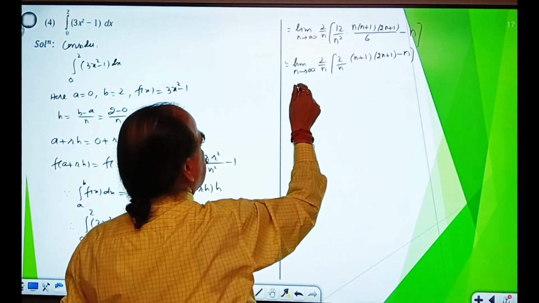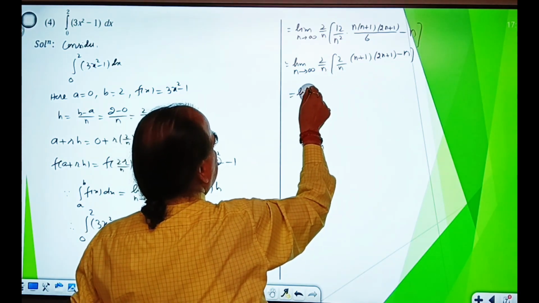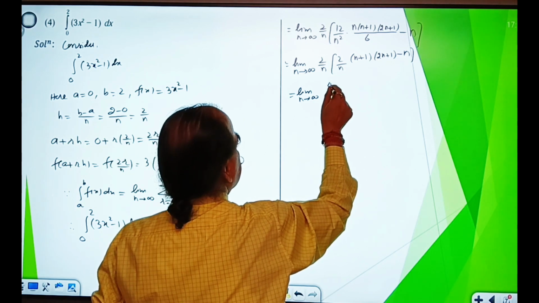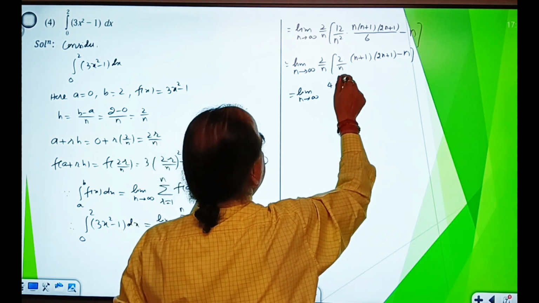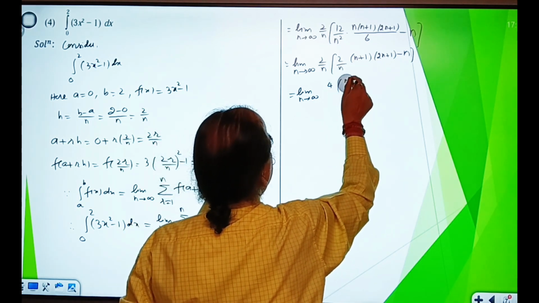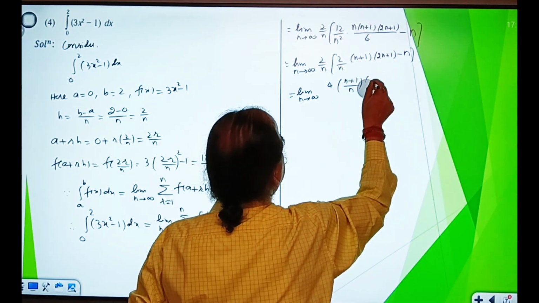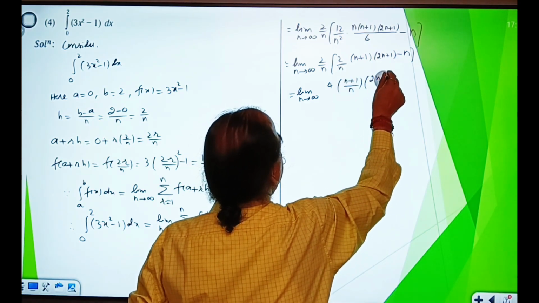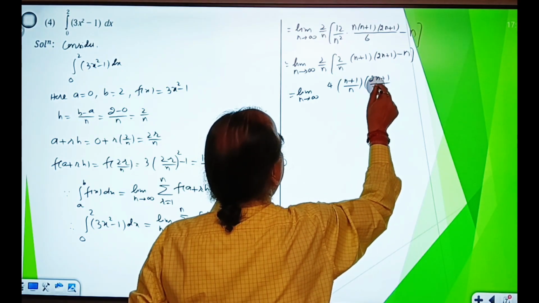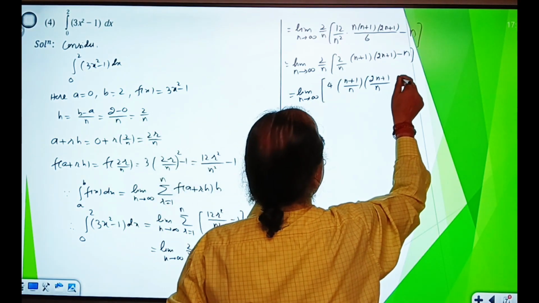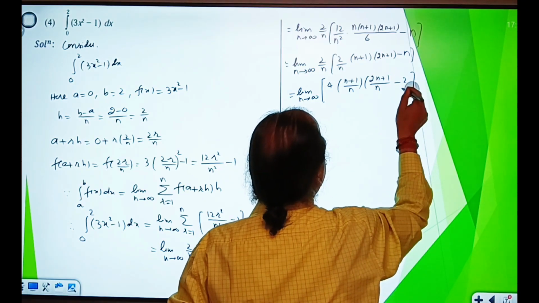Now this outside 2 by n you multiply. Limit n tends to infinity, 4 by 1 n you divide with first factor, this other n you divide to second factor. And 2 by n will get multiplied to this, will give you what? Minus 2. n will get cancelled.